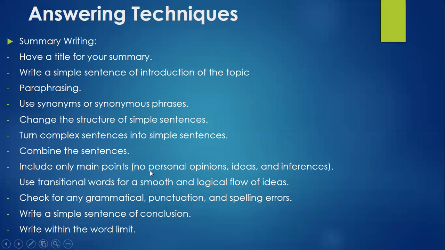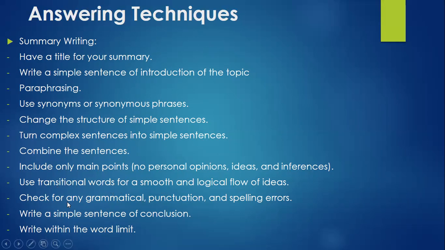Therefore, you will need to exclude or omit personal opinions, ideas, and inferences. Do not use points out of the text. You may use some transitional words to ensure a smooth and logical flow of ideas.